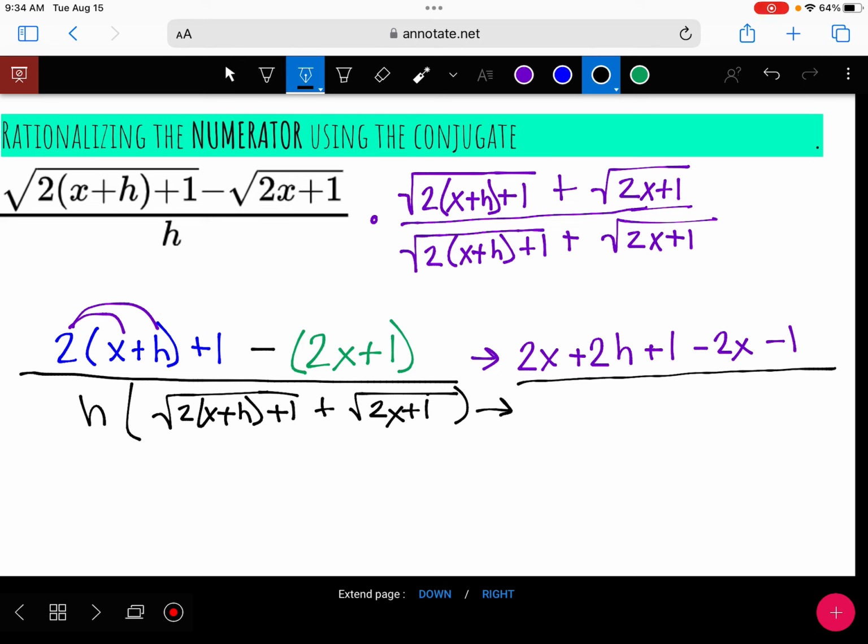Because what does our numerator simplify down to? I've got a 2x minus 2x. Those guys go away. Got a 1 and a minus 1. Those guys go away. And we're left with the numerator of 2h. 2h over h times.